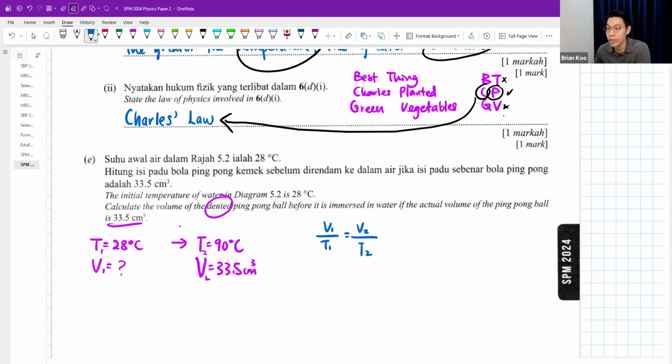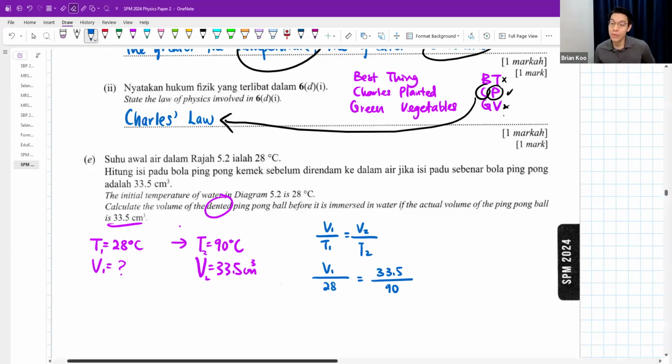A lot of people got this wrong last year. And it's the same mistake over and over again. Most people did it like this, and they got 0 marks. Okay, it is the same mistake year after year.